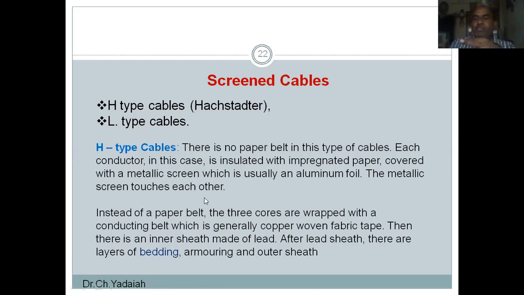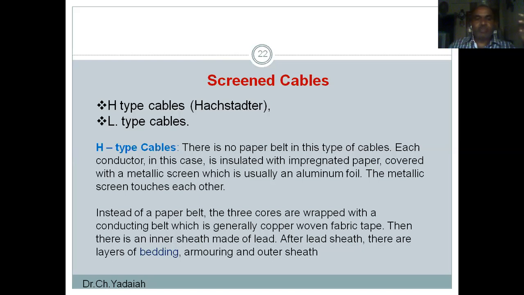What will happen? Here is insulation, here is the impregnated paper, over which the screen is provided, and also a metallic sheet is provided over the three conductors. In the previous case the paper belt was provided here, but now it is a metallic sheet, which connects the three cores electrically.